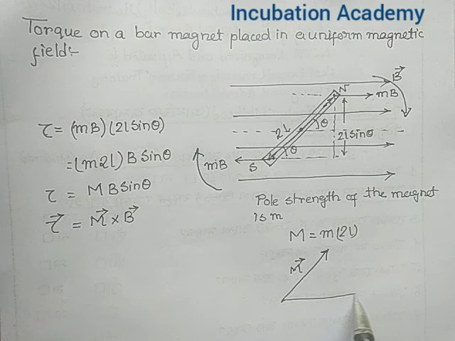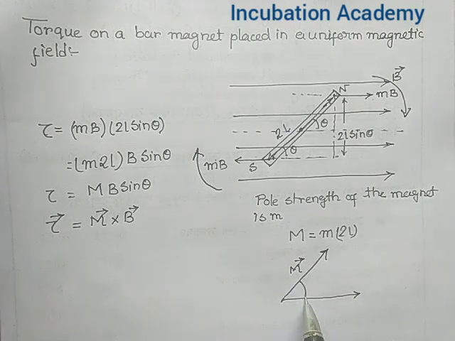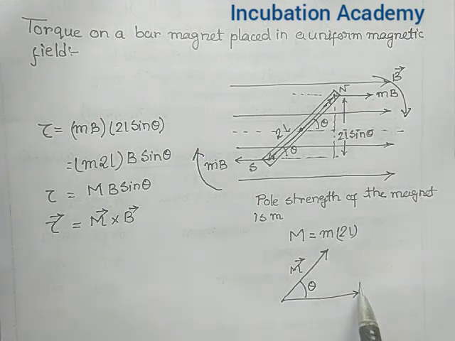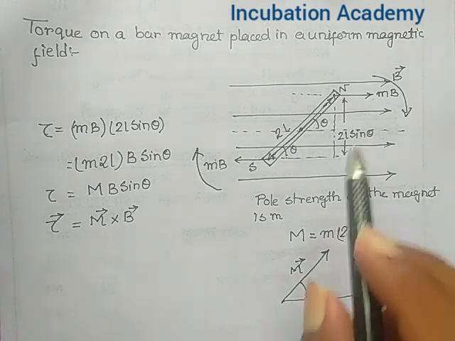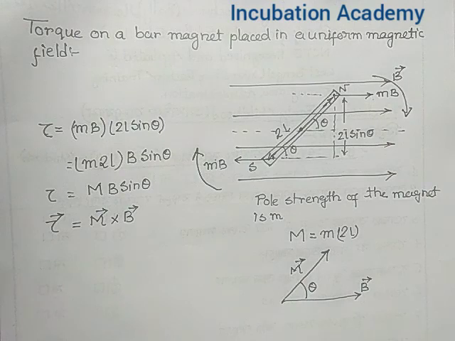This will be the direction of the magnetic field, and it makes the angle theta. So M cross B, just see, the clockwise torque arises. So tau vector equals M vector cross B vector. This is the expression of the torque acting on it.